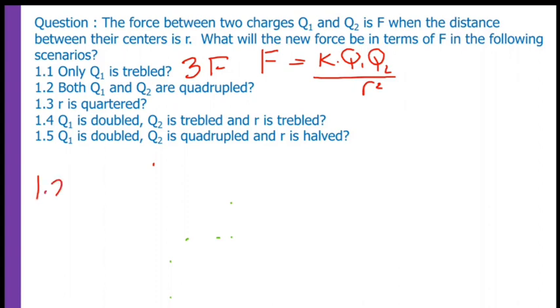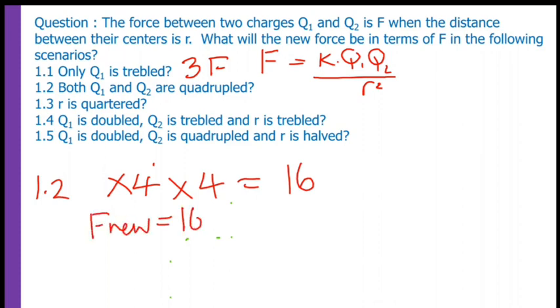1.2, quadruple. When you quadruple Q1, the force becomes 4 times larger. Quadruple Q2, the force becomes 4 times larger as well. So the total effect is 16. So the new force must be 16F.